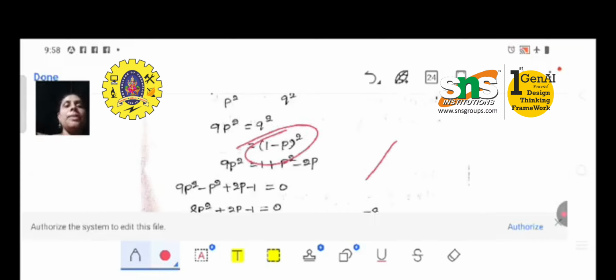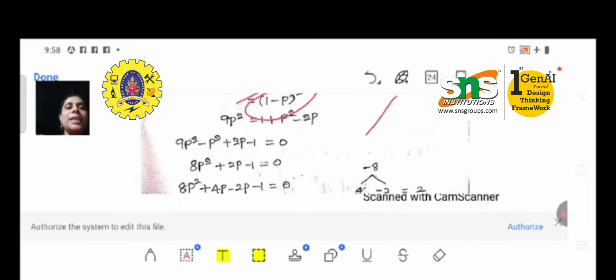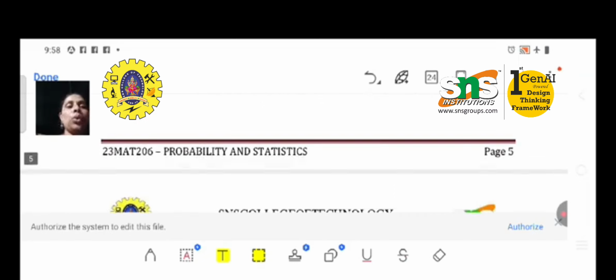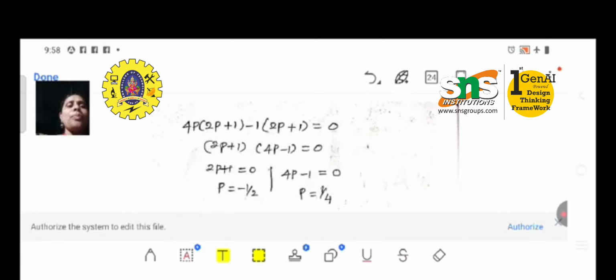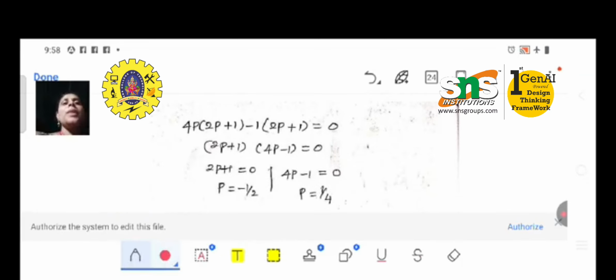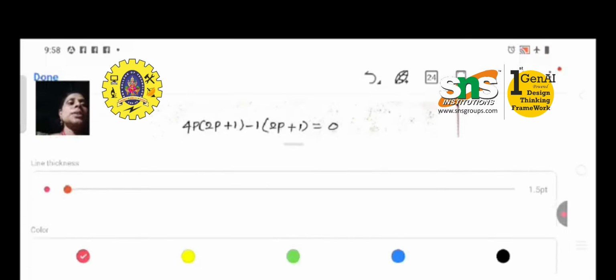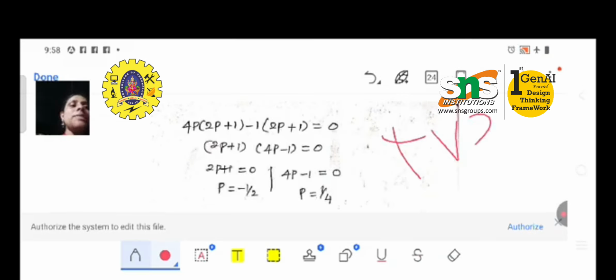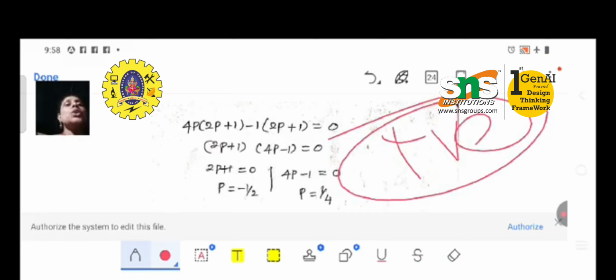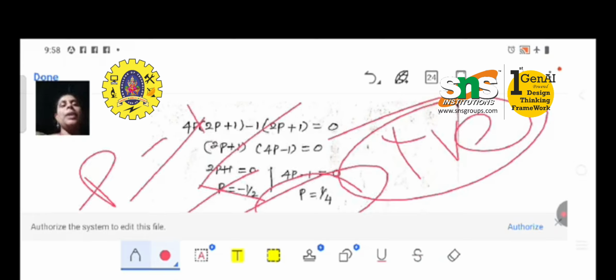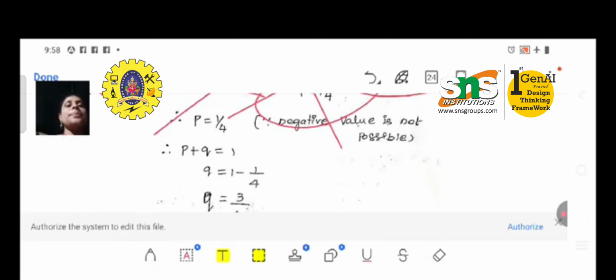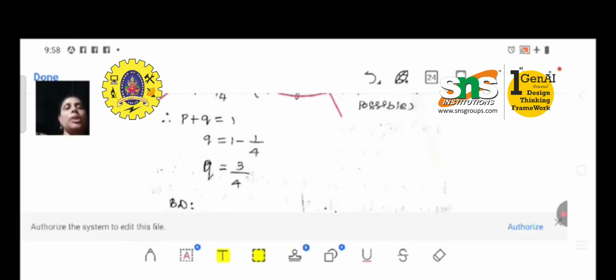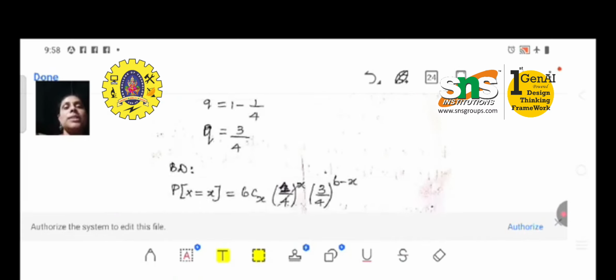Then after simplification we get 8p square plus 2p minus 1 equal to 0. Then we find the roots. The p values are minus 1 by 2 and 1 by 4. The probability of a binomial distribution takes only non-negative values, so minus 1 by 2 is an impossible case. So the value of p is 1 by 4. Using p equal to 1 by 4, we get the value of q as 3 by 4.